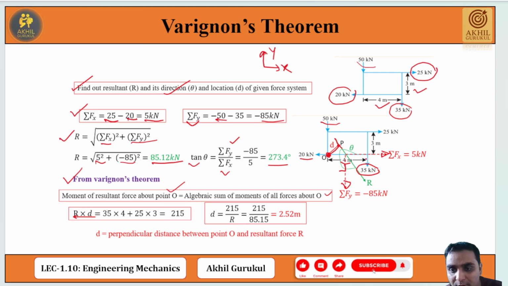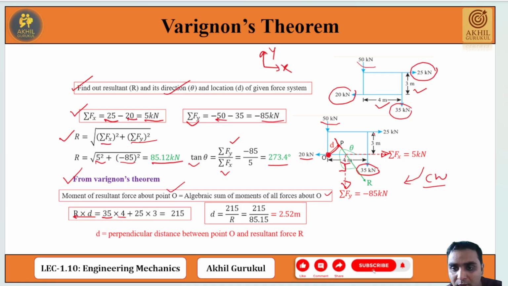The line of action of the 35 kilonewton is 4 meter, so 35 into 4. Plus, all forces lie in clockwise direction, so I am not considering this side.